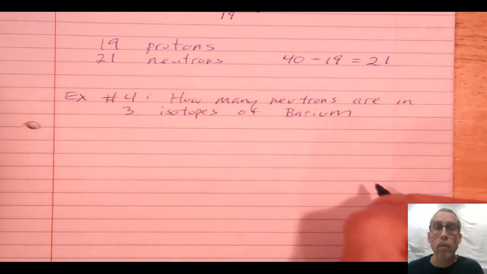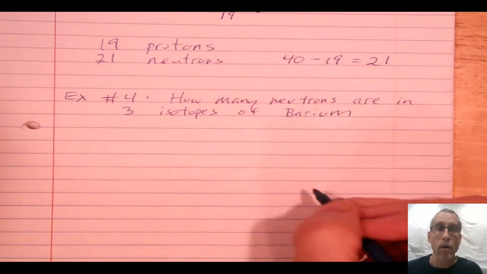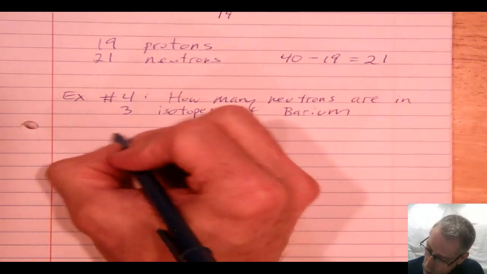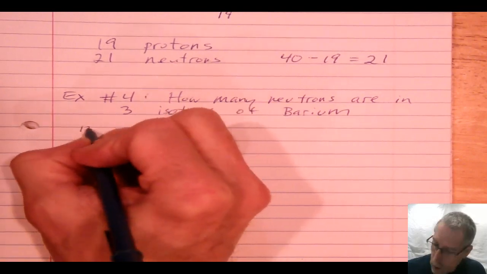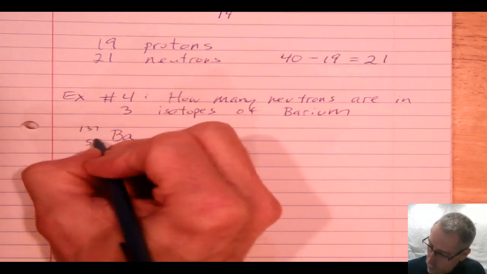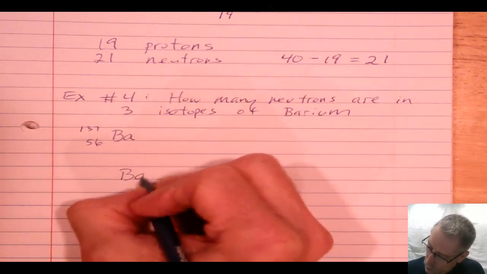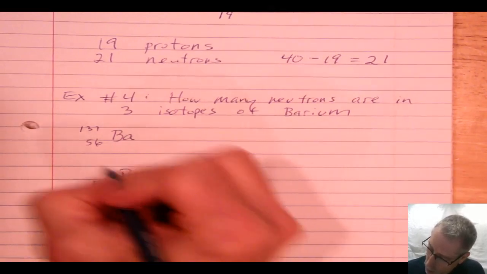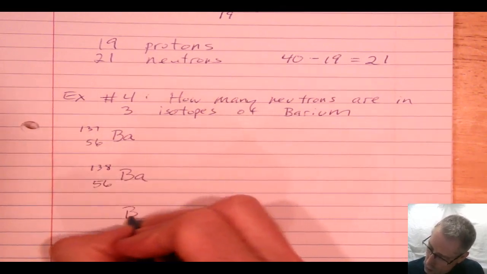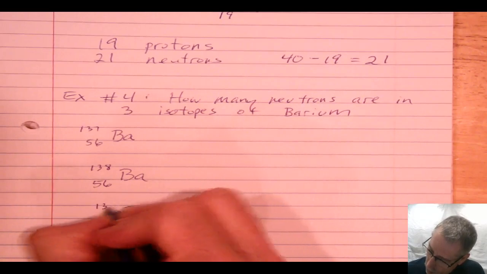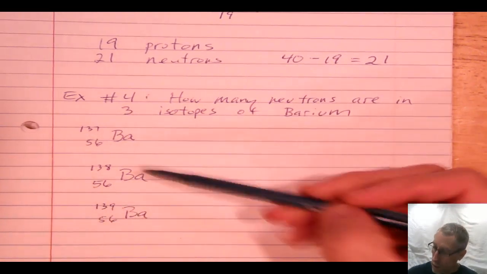Okay, so isotopes of barium, that means they're all barium atoms, but they have different numbers of neutrons. So maybe one is barium 137, and one is barium 138, and one is barium 139. So there are the 3 symbols for them.